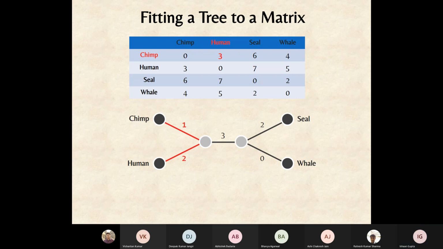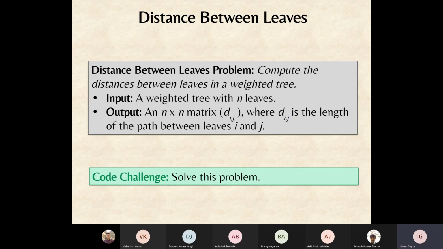So basically, the idea of fitting essentially means that the tree and the edges represent the distances between the nodes, which are given in this matrix, as I show you here. There are two problems here.